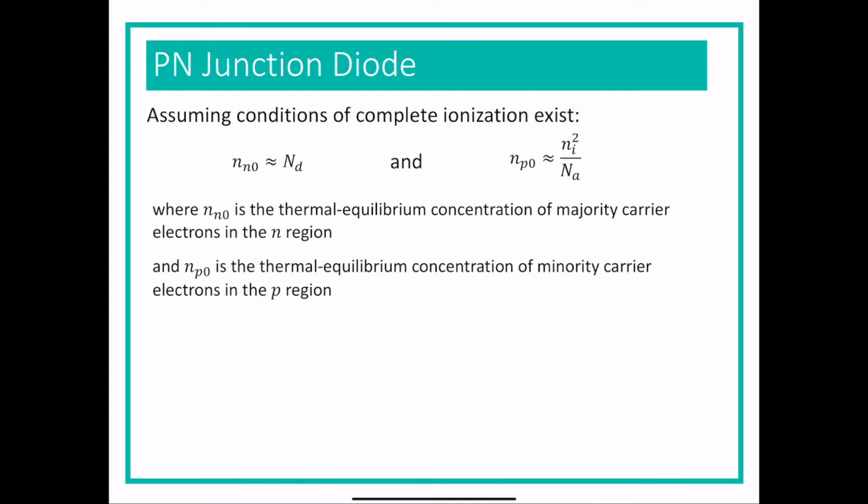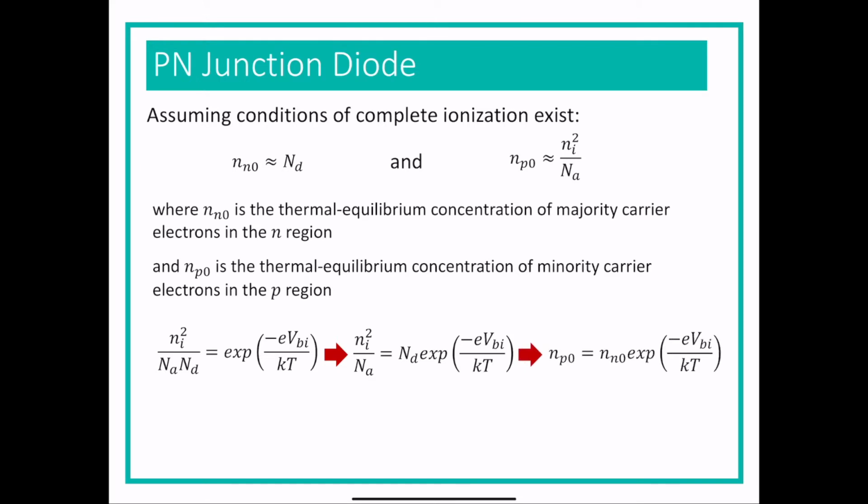So we've got that. Then we're going to take that equation that we just got a minute ago, and substitute in the values of the thermal equilibrium concentrations of majority and minority carriers into this equation. So we're going to take Ni squared over Na, and then put Nd on the other side, and then substitute in the carrier concentrations that we just found.